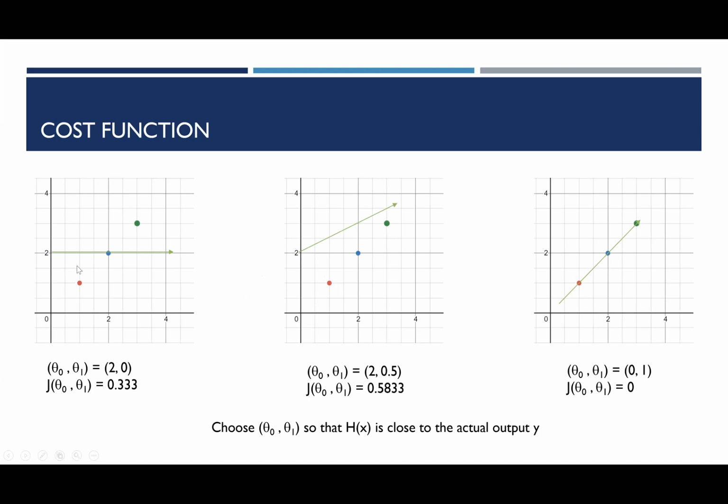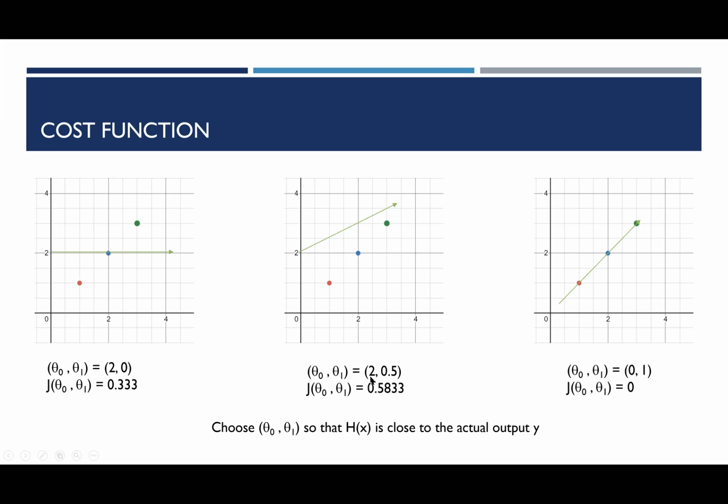So here, with the same graphs that we had from before, you have your theta 0 and theta 1. If you were to go through the calculation using the previous equation, you would calculate these values for the cost function for each graph. Here you have a cost function equal to 1/3 essentially, so it's kind of okay.